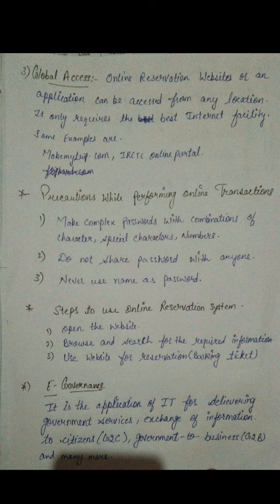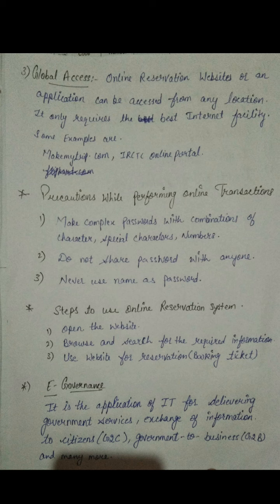Now there are precautions while performing online transactions. What things do you need to remember while you transact online? First is that the passwords which you maintain should be complex. It should have characters, special characters and numbers, means there should be a combination of characters, special characters, numbers and capital letters in your password.